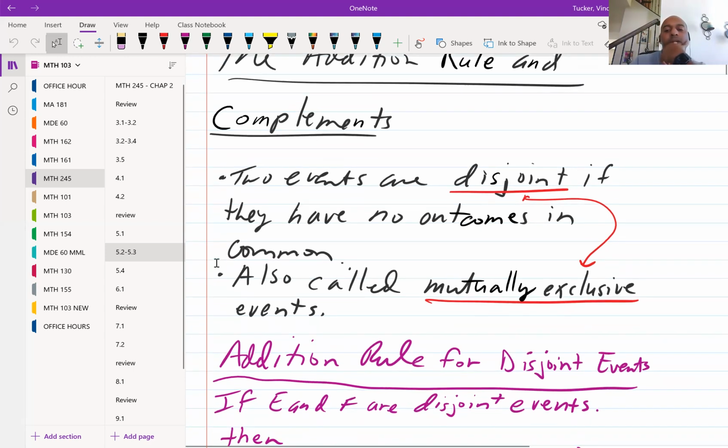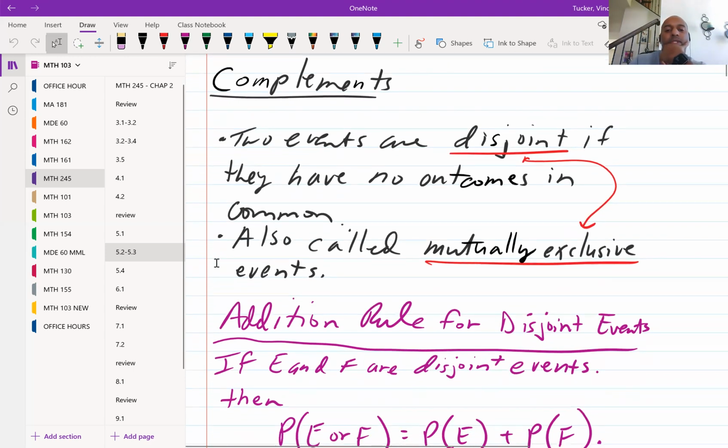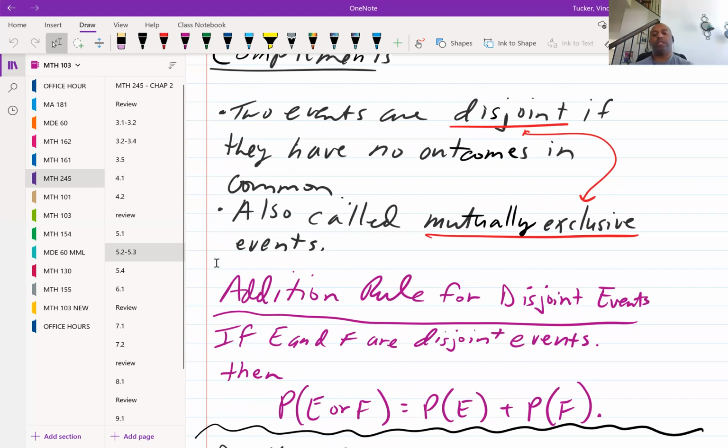All right. So the addition rule for mutually exclusive events or disjoint events, both of those, like I said, mean the same thing. If E and F are disjoint, then we can just add the probability of E plus the probability of F in order to find the probability of E or F occurring.